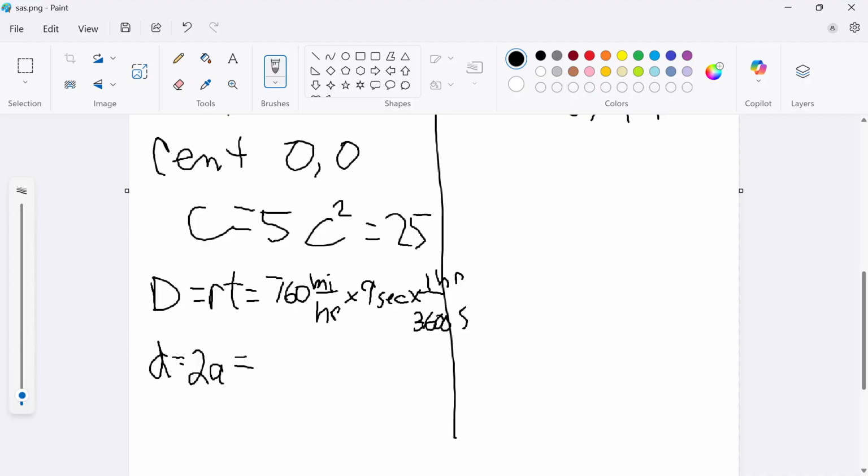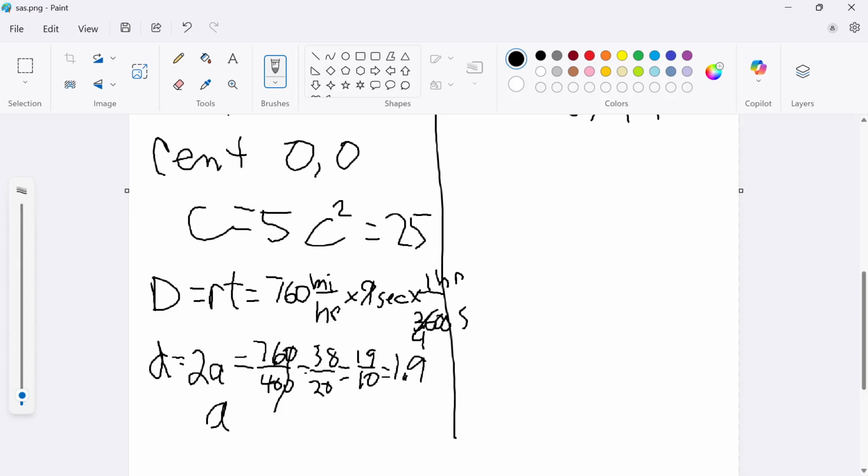Then I can find A, I just divide by 2. So I get 760 times 9 times 1 over 3,600. 9 goes into 36 four times, so this is 760 over 400. That's 38 over 20, or 19 over 10. That's 1.9, which is 2A.